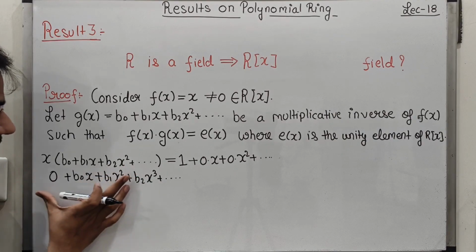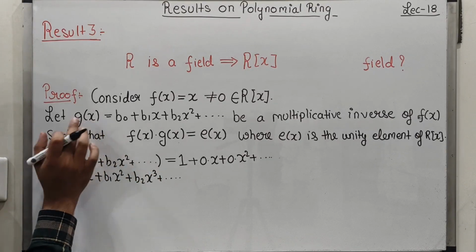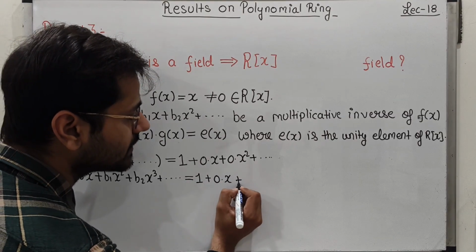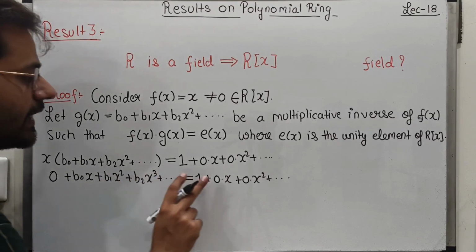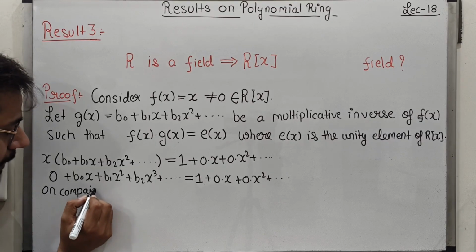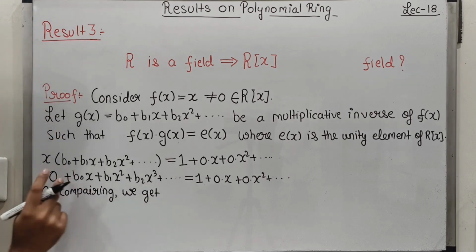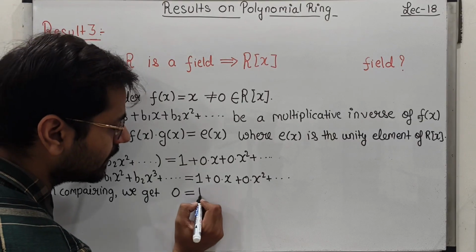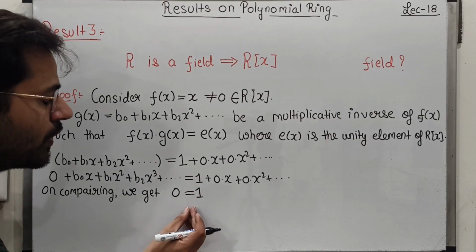So here is the term which we get after multiplying the variable x with each term of the polynomial g(x). And on the right hand side, we have 1 plus 0·x plus 0·x square plus so on. So if you compare the right hand side and left hand side, on comparing the constant term, here the constant term is the 0 element of the ring, and here the constant term is unity. So will this 0 element of the ring and the unity element of the ring be equal?